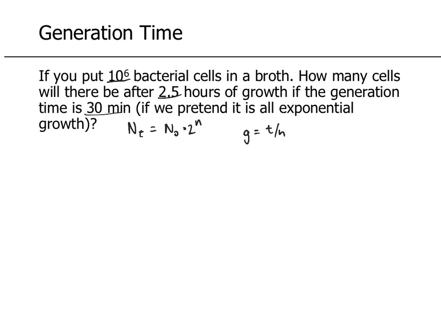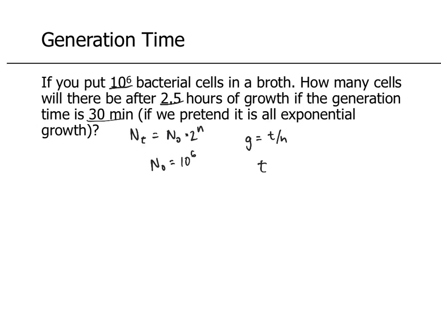Growth time and generation, and number of cells. Yep. We have T, the total amount of time that is allowed, and we have N, the number of generations. But you have to convert your minutes and your hours into the same units. So we don't actually have N, we have G. This is in hours, and then we have G, which is 30 minutes.